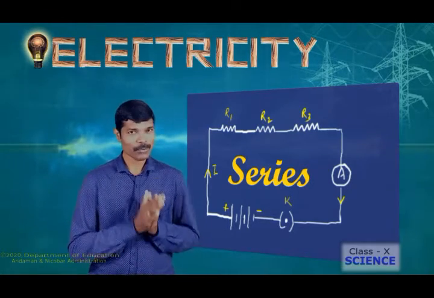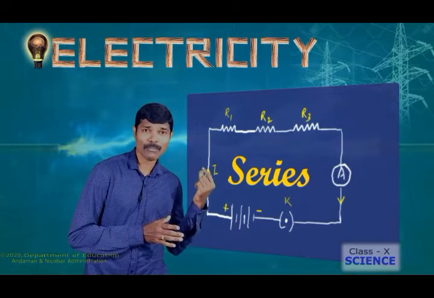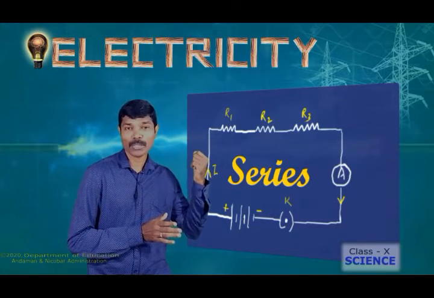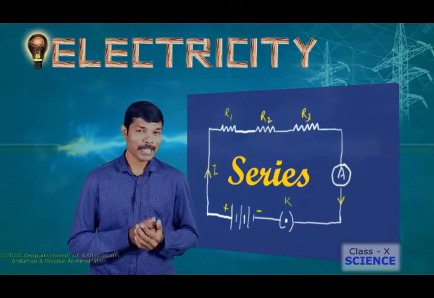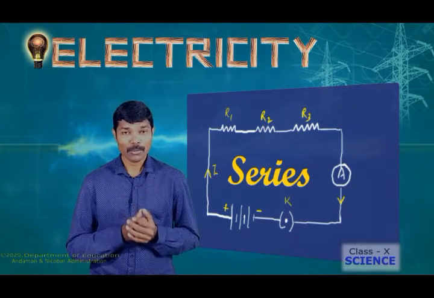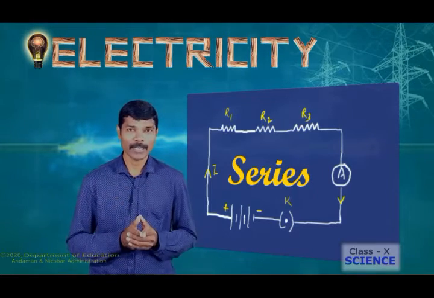Now in series combination, the charges flow from the negative terminal and ultimately must reach the positive terminal, and here only one path is available. So the amount of charge flowing in a circuit remains the same throughout the circuit, right?